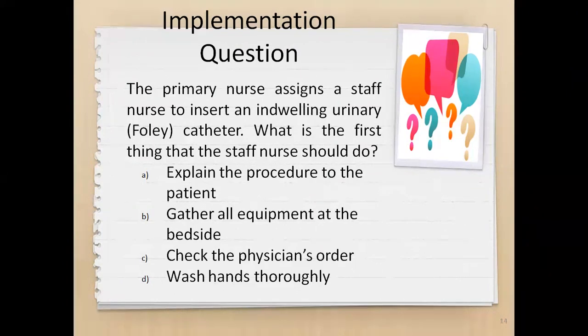So what is your answer? We have here, check the physician's order. You have to verify that there is a doctor's order to make sure you are doing the right procedure to the right patient.